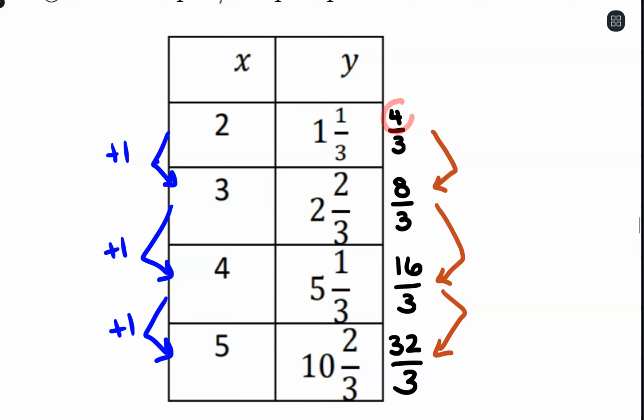What I could see though is in the numerators, if I just ignore the denominators, we go 4 to 8, 8 to 16, 16 to 32. And that is coming from a multiplication by 2. So if we multiply by 2, multiply by 2, multiply by 2, we can get our entire table there. So because it's multiplication, this is going to be exponential.